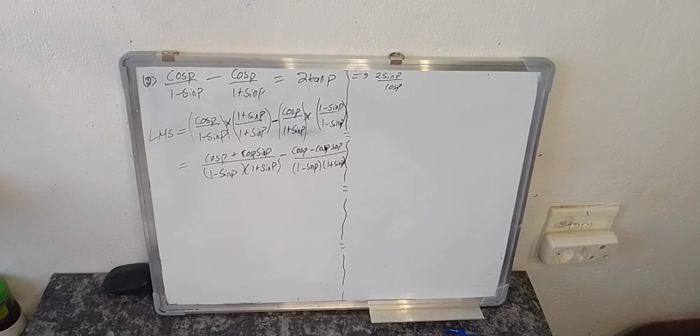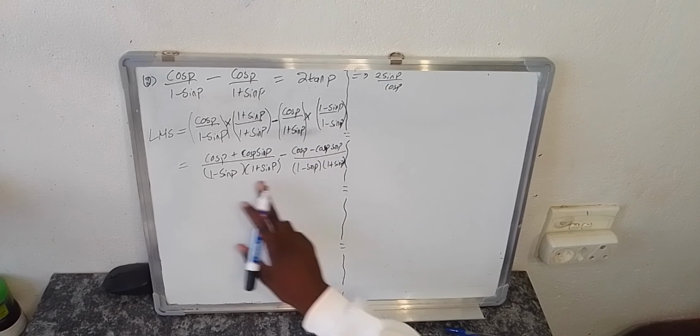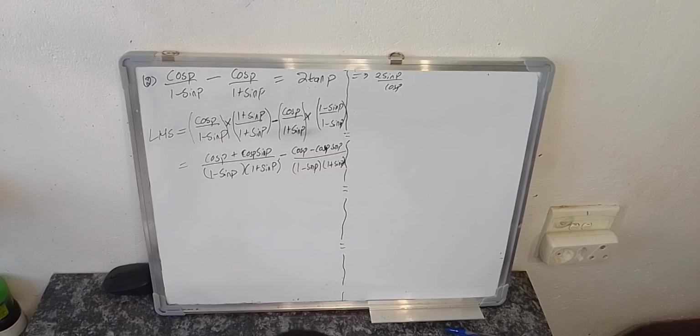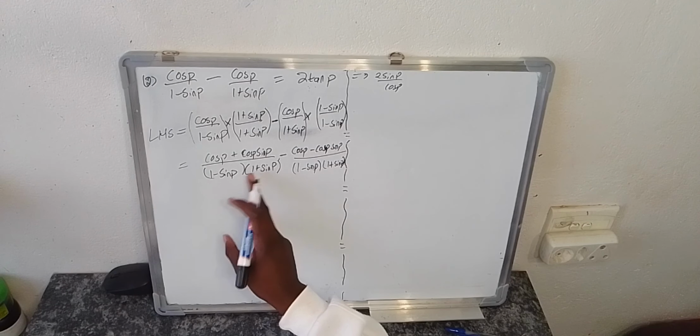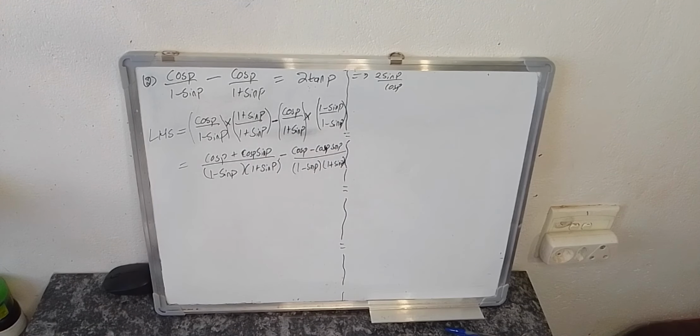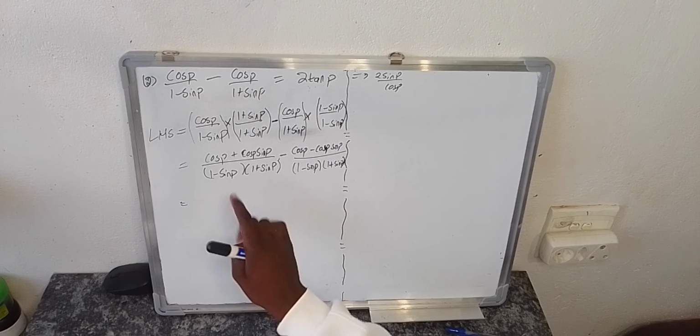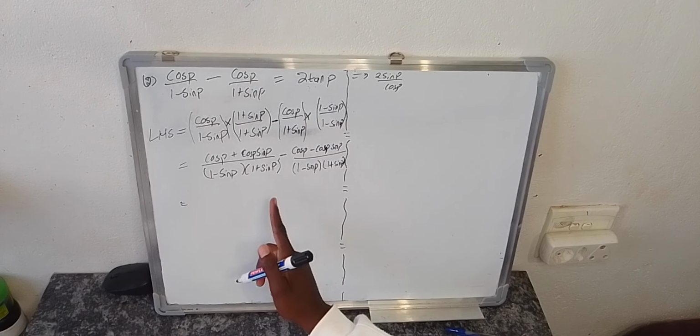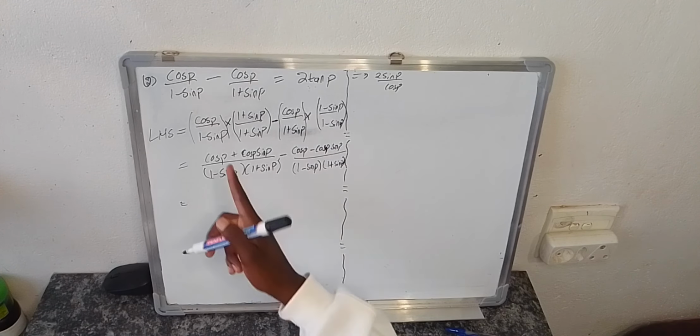You see? So now we can say that our denominators are the same, because we have 1 minus sine p all multiplied by 1 plus sine p, and even the same as this fraction. So now what we can do is write only one denominator and add the numerators. So now we are going to be left with cos p plus cos p sine p. This one is for this one. Then we are going to subtract with what? With this expression.